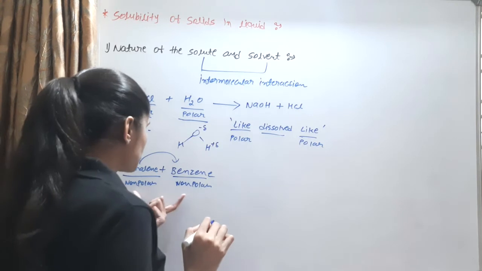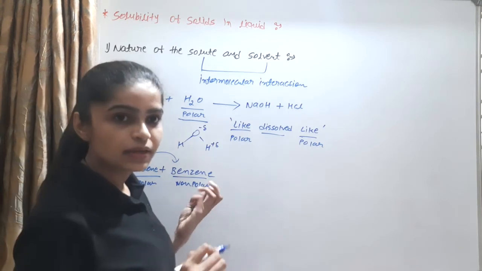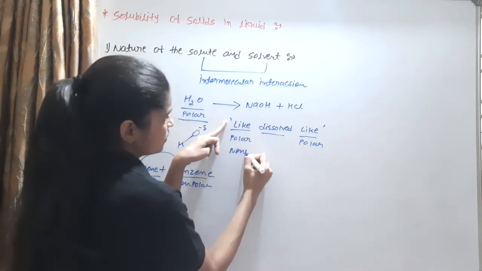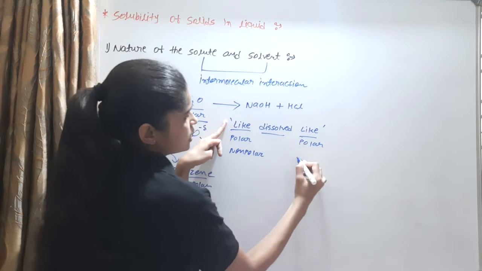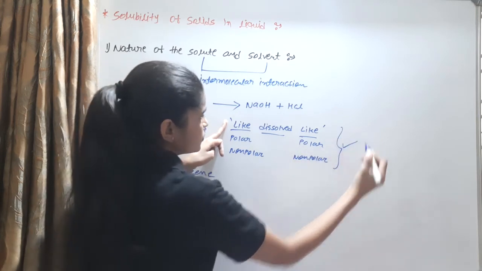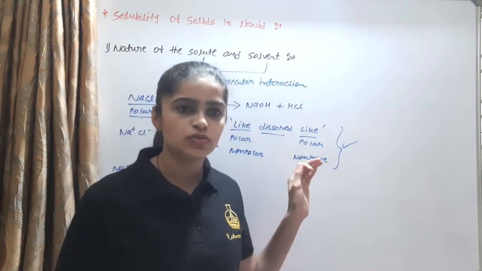That means the intermolecular interaction between benzene and naphthalene is the same. So that is like dissolves like. Like means non-polar dissolves in non-polar. You remember that polar dissolves in polar and non-polar dissolves in non-polar.